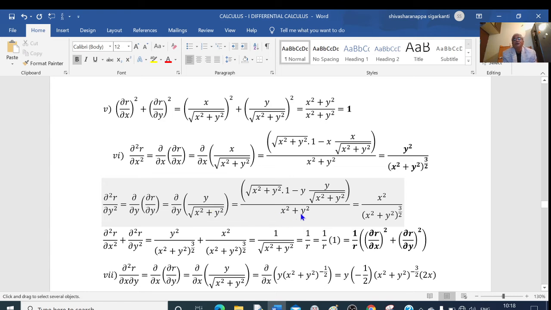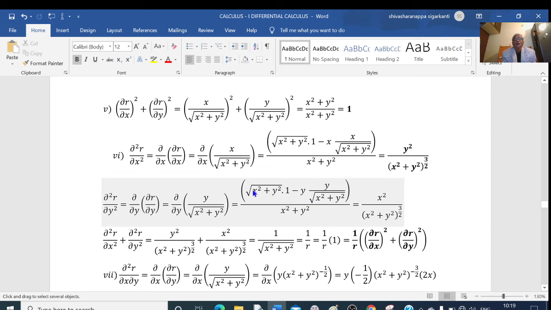In the denominator, square: √(x² + y²) squared is x² + y². Then denominator √(x² + y²) into derivative of numerator, y with respect to y is 1, minus numerator y into derivative of denominator, which is 1 by 2√(x² + y²) into 2y. The 2 gets cancelled.